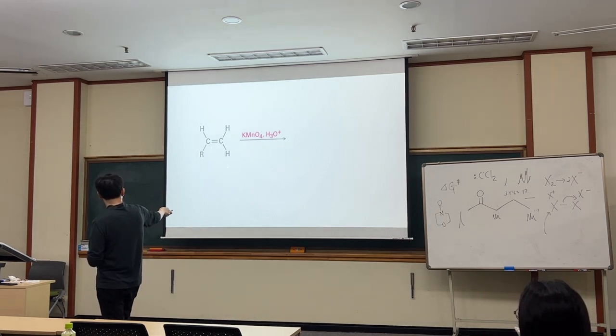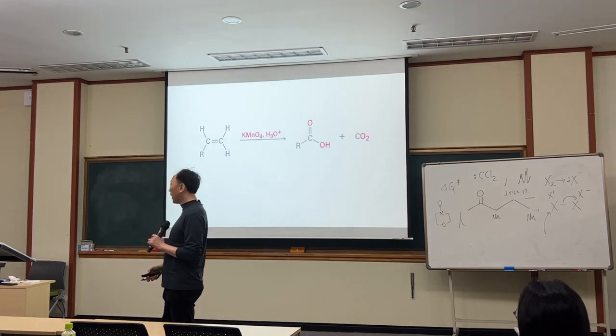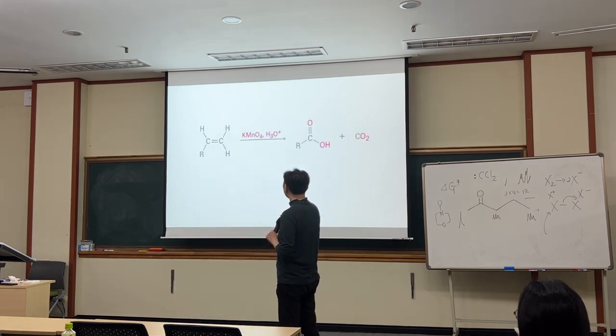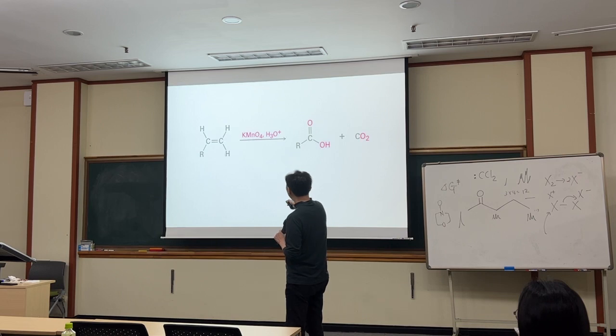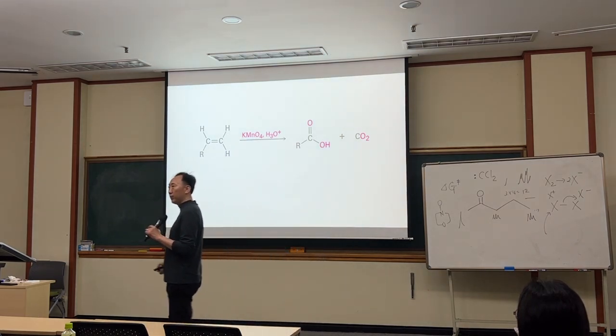This generates formaldehyde. Those aldehydes can be further oxidized, and one side becomes an acid. This position becomes an acid. The formaldehyde can be oxidized on one side and the other side too. It can be fully oxidized to CO2.